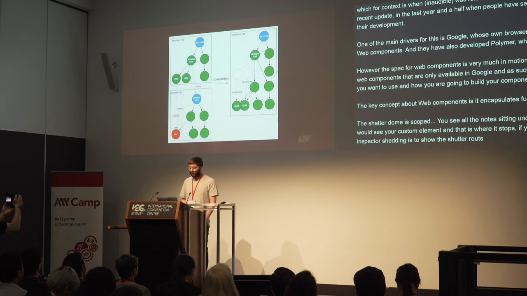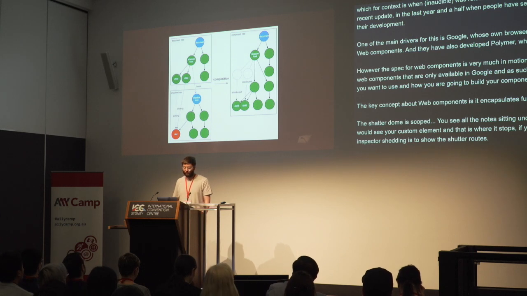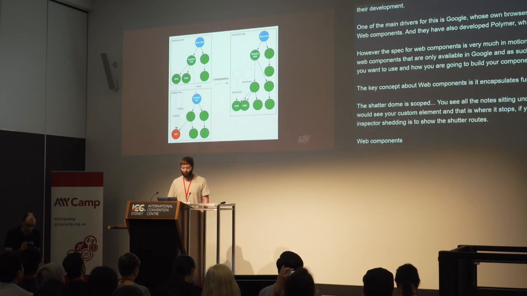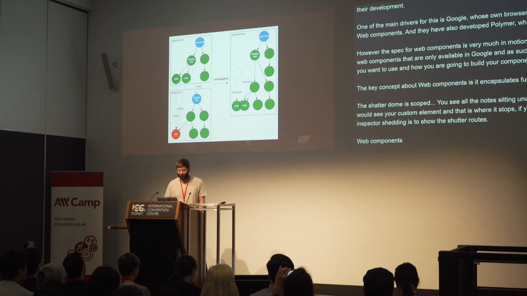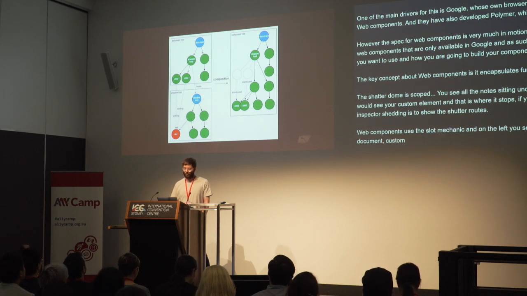However, that doesn't mean that web components don't allow children, because they do. Web components allow children through the slot mechanic, where what you see on the left is what you would see normally in your tree: you have your document, your custom element. I use custom element and web components quite interchangeably. They mean the same thing.